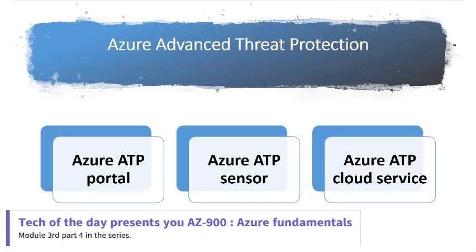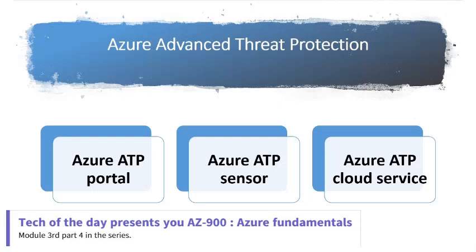Azure ATP portal, you already know, is an online portal. Azure ATP sensors are installed directly on your domain controllers. The sensor monitors domain controller traffic without requiring a dedicated server or configuring port mirroring.